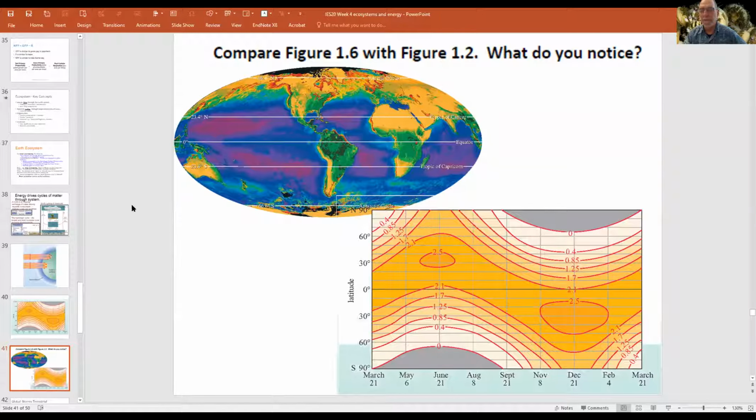And so these seasonal patterns and this latitudinal distribution of energy, together with patterns of rainfall and atmospheric circulation, which we'll talk about in subsequent chapters, produces this characteristic distribution of productivity across the planet.